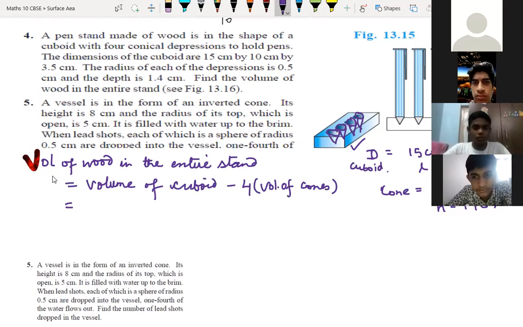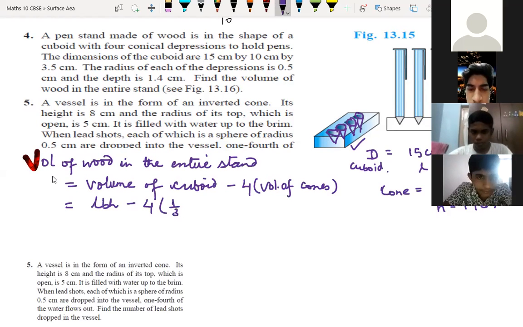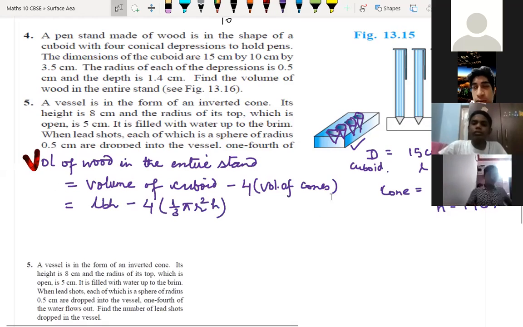We can use here LBH minus 4 into 1 by 3 pi r square h. Everything is given, children. You can just put the values and get the answer.